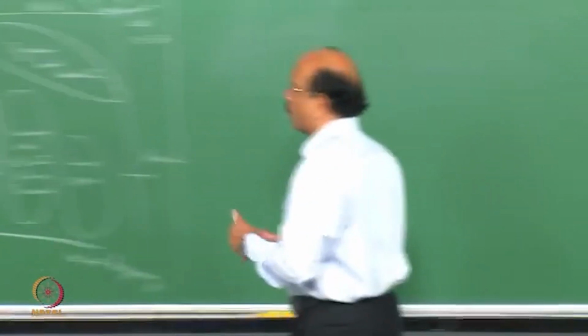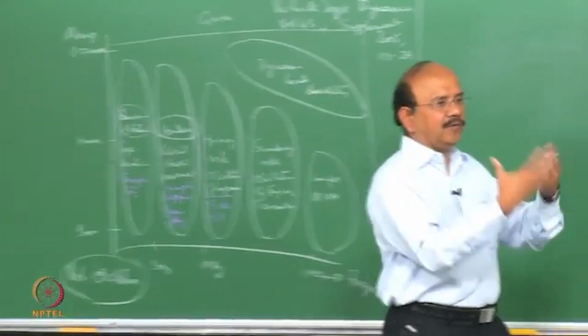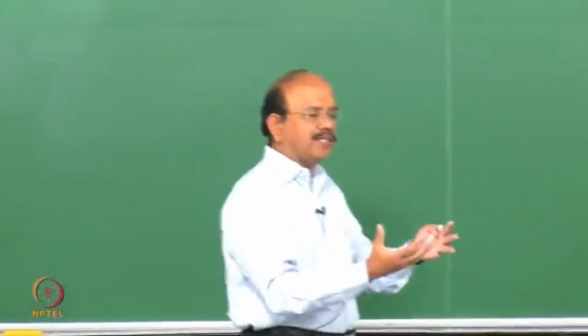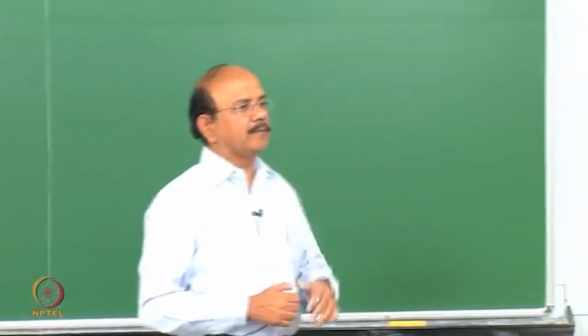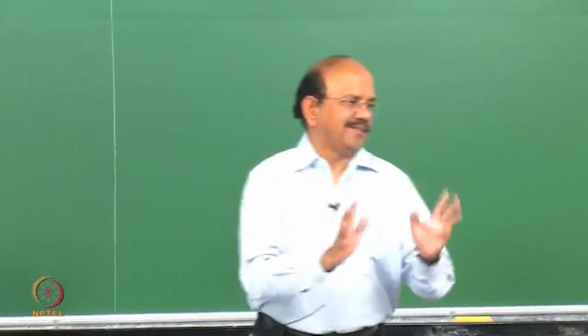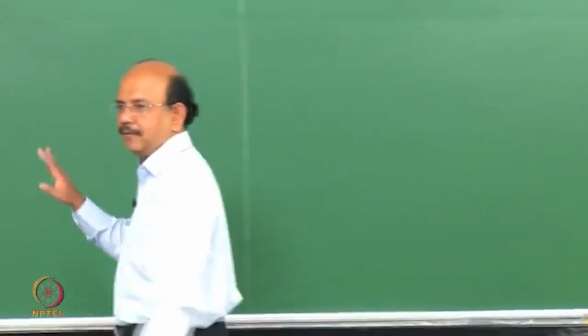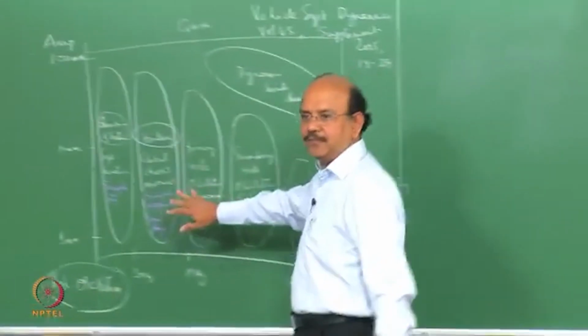Why this frequency of 12 hertz? You will see that there is what is called the wheel hop frequency, and the wheel hop frequency is 12 hertz. You would understand that the frequency of the whole body would be at 2 hertz. You have to wait. Please be patient to understand these frequencies.